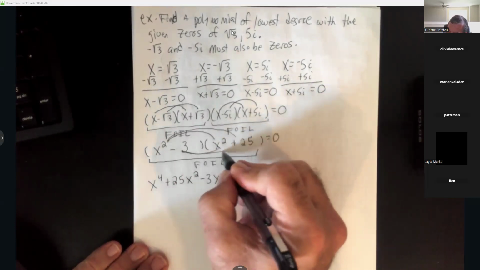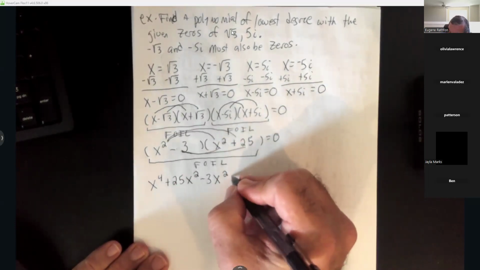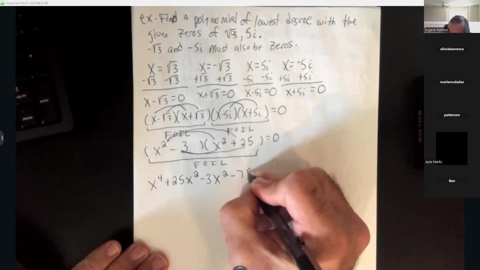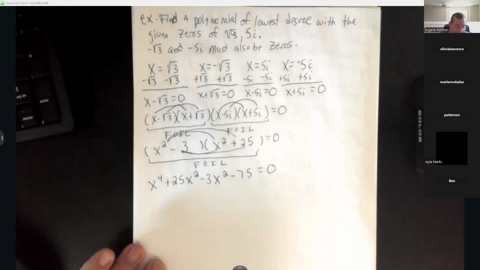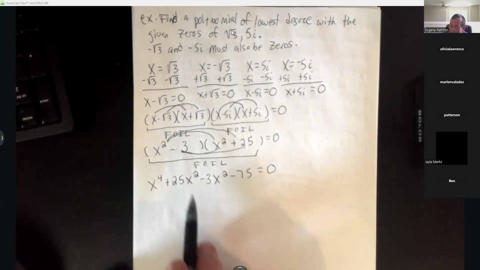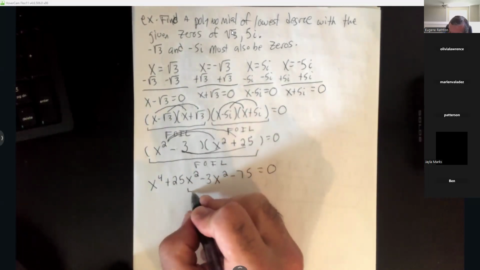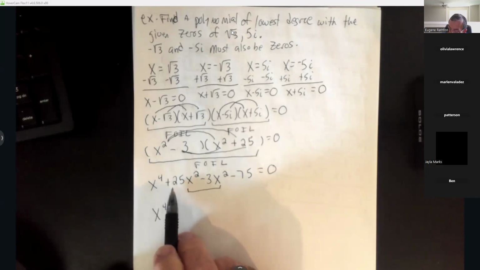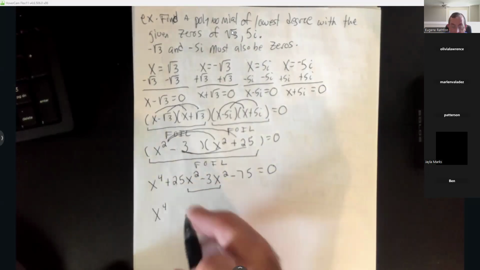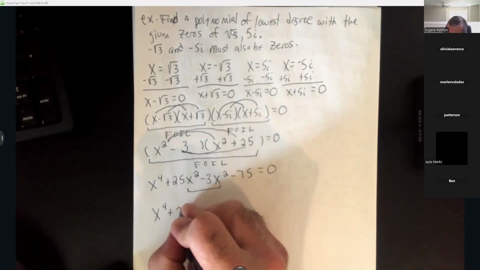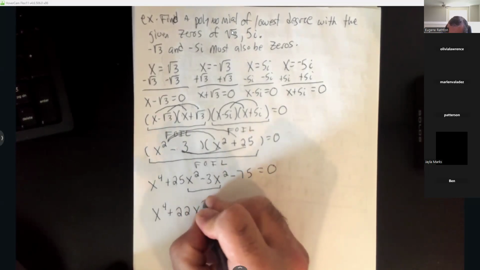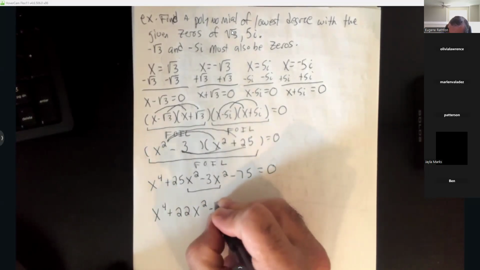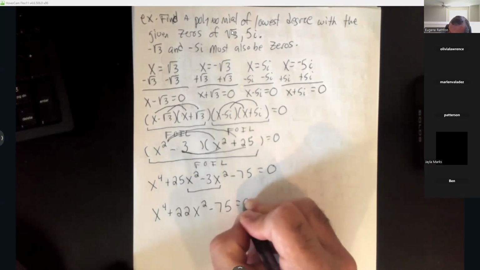And then that negative 3 times 25 is a negative 75. Oh, look here, I got like terms on this one. So I'm going to bring down my x to the fourth. 25 and negative 3 give me a positive 22x squared minus my 75.